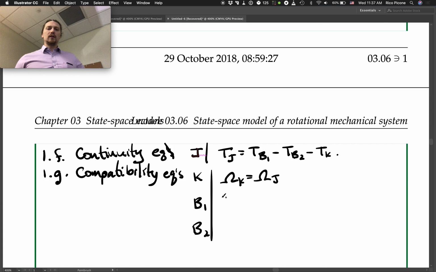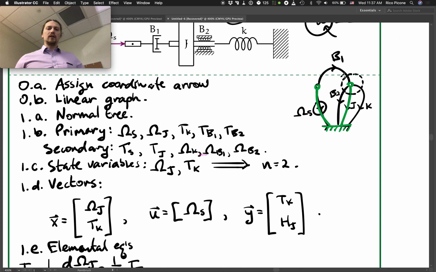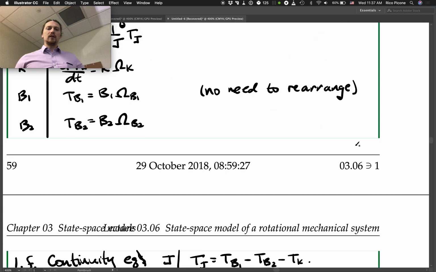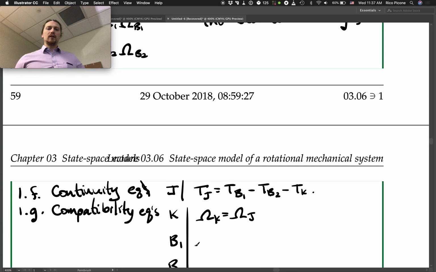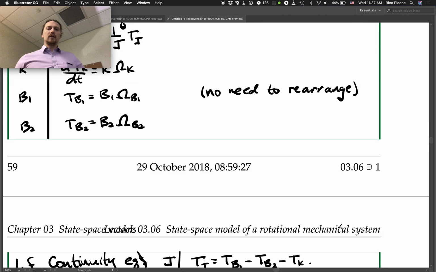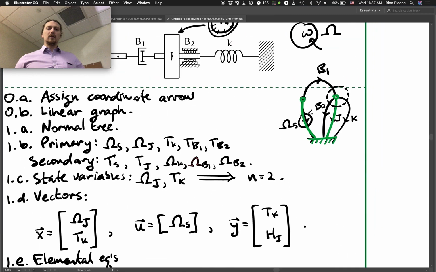And B1, if we were to include that one, we would have the loop that omega B1 equals omega S minus omega J. And finally, B2, once again, we've just got parallel elements here.